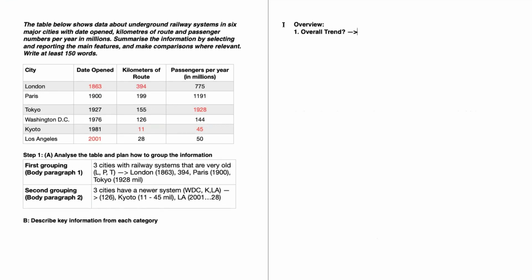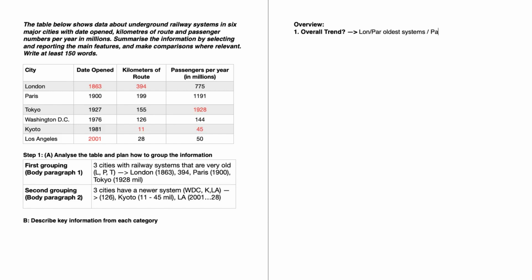Now, before I show you the essay, I just want to go over the overall trend because that is important as well. Basically here, there isn't really anything new to add. I'm just going to open up and talk about how London and Paris have the oldest systems.